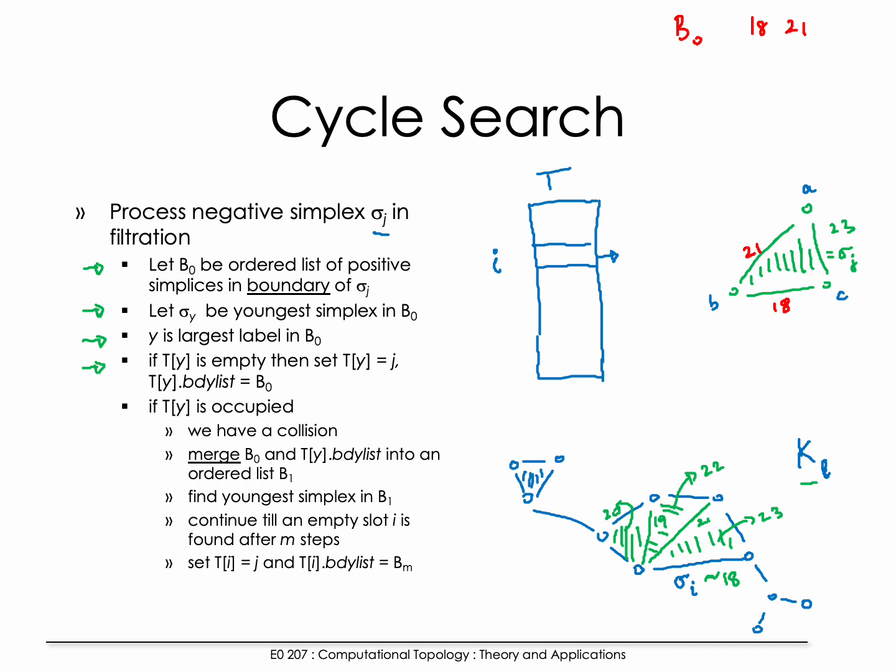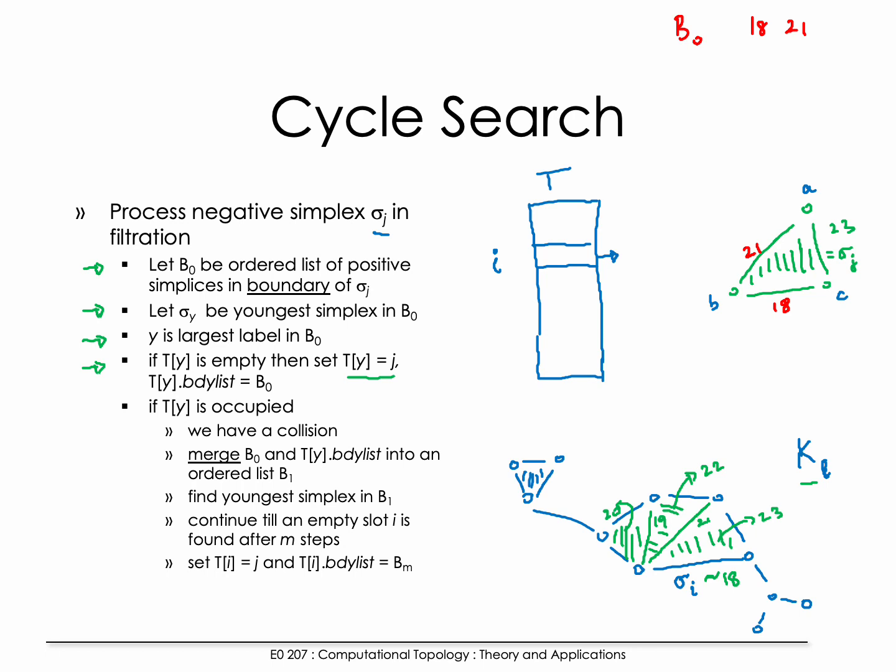If this entry were empty, then I have already found my pair. I know sigma sub y is positive because I look only at positive simplices in b sub 0. And if t sub y is empty, then I know it is a creator and I have found the destroyer pair, right? So I set t sub y equal to j and I am done.